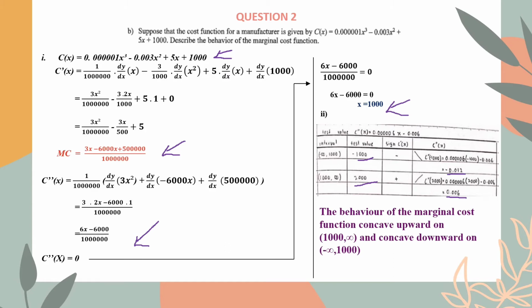Thus, the marginal cost function is concave upward on 1000 to infinity and concave downward on negative infinity to 1000.